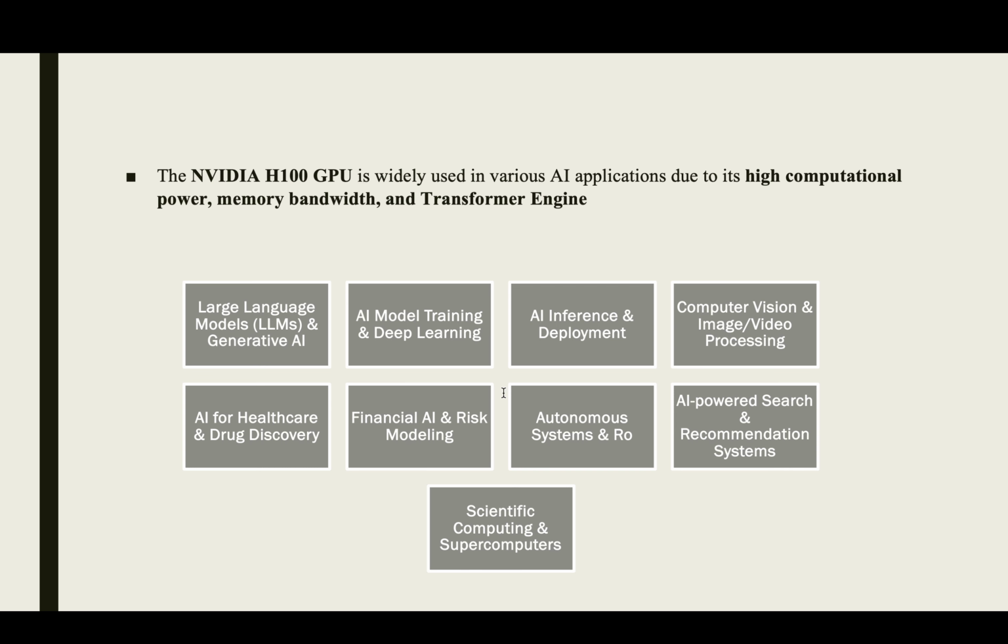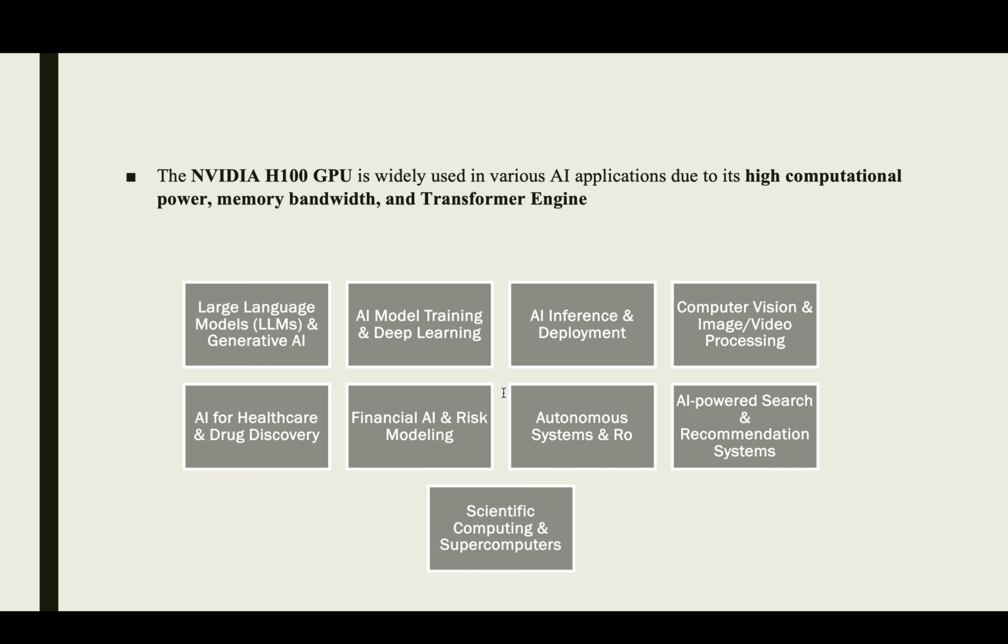It supports frameworks like PyTorch, TensorFlow, and JAX, optimized with CUDA, and helps reduce training time by 3 to 5x compared to the A100 GPU. So that's the point to be noted for why H100 has an advantage over A100 GPUs.